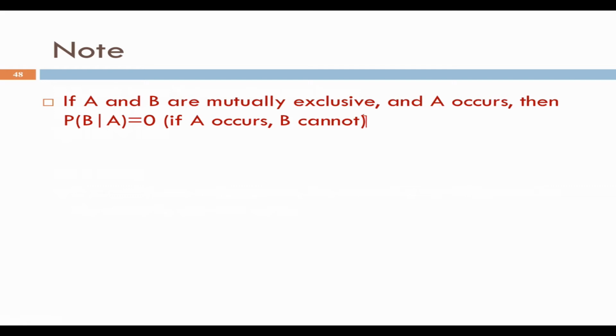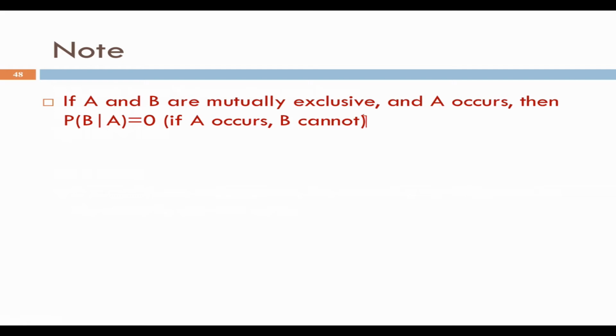Another thing: if A and B are mutually exclusive, then what is their conditional probability? If they are mutually exclusive, by definition, the probability of A intersect B is 0. So that means if A and B are mutually exclusive, the probability of B conditional on A happening is 0.